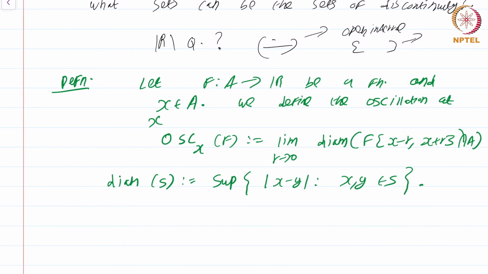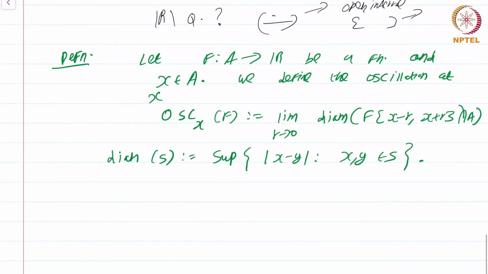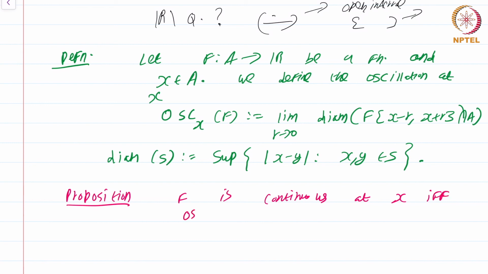So I'm going to leave it to you to prove this very easy proposition. f is continuous at x if and only if the oscillation at x of the function f is equal to 0.